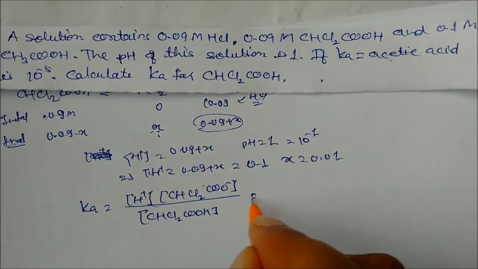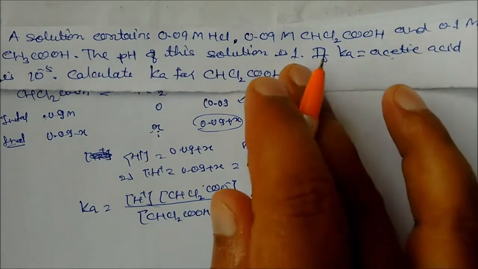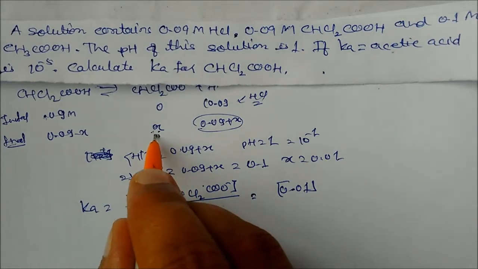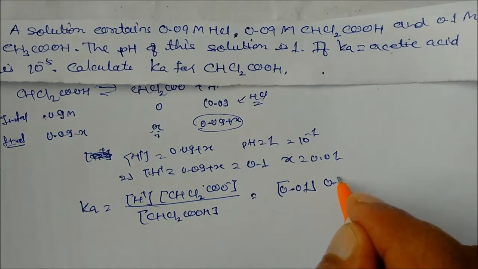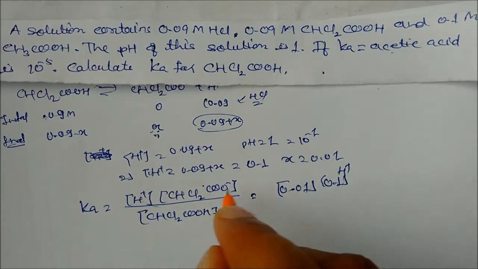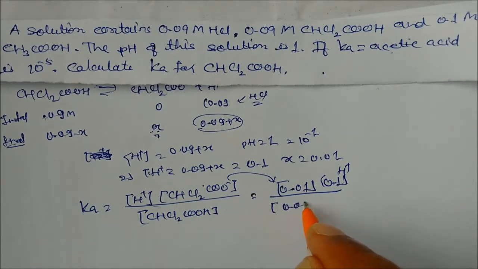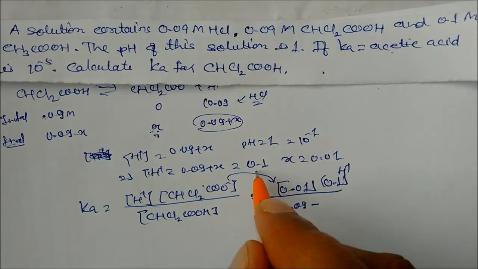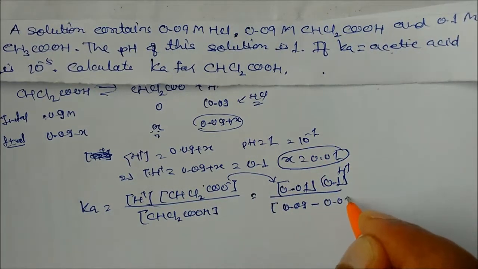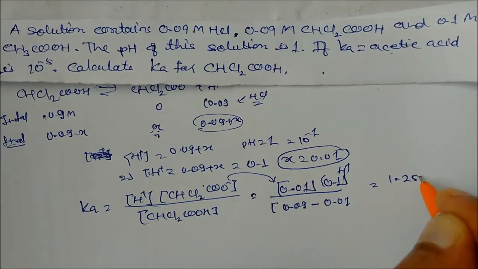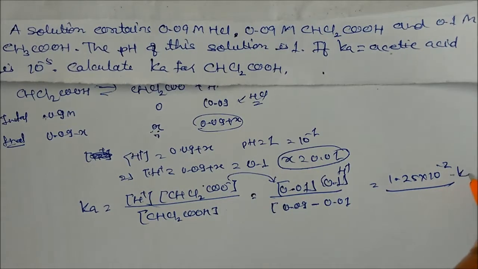Concentration of H plus is 0.1, already given, concentration of the anion is X, so X is 0.01, and concentration of the acid is 0.09 minus X, where X value is 0.01. On solving we will get 1.25 into 10 to the power minus 2. So this is the value of Ka.